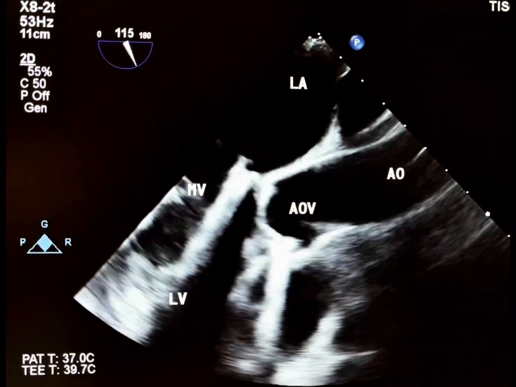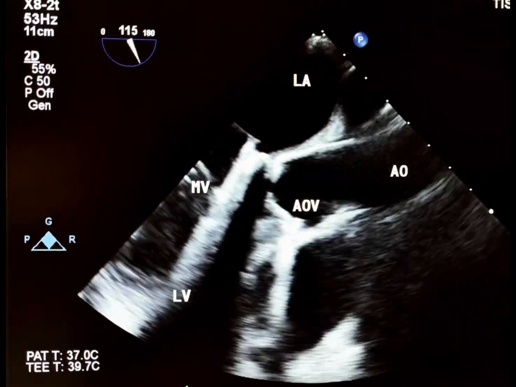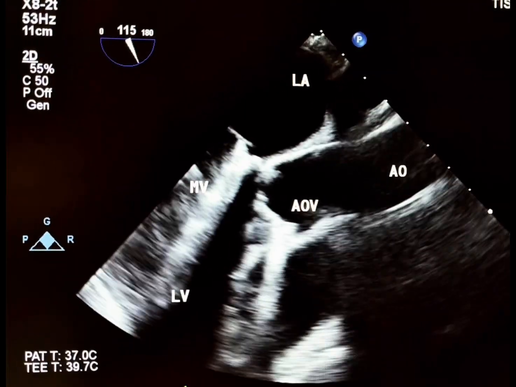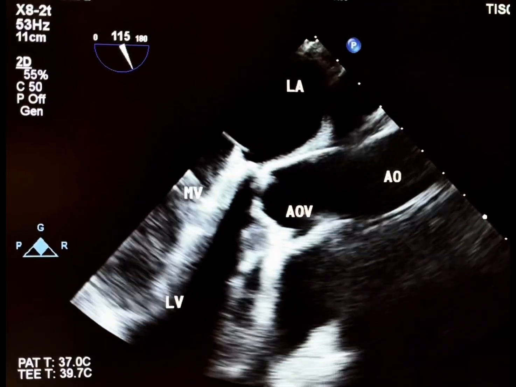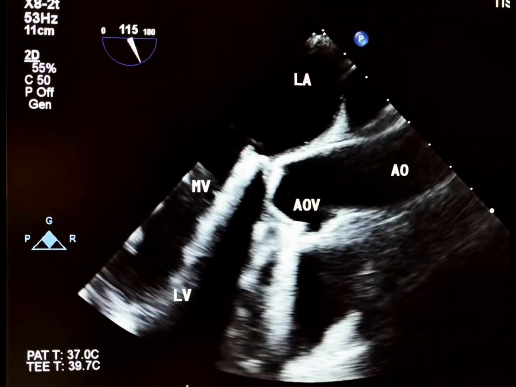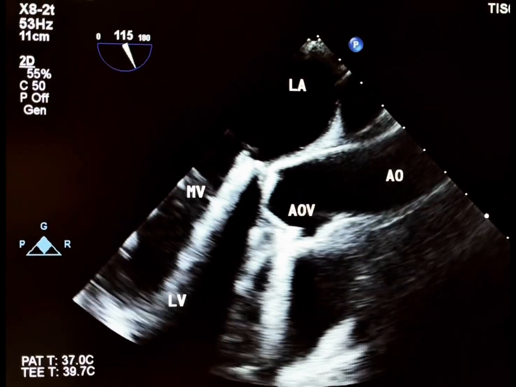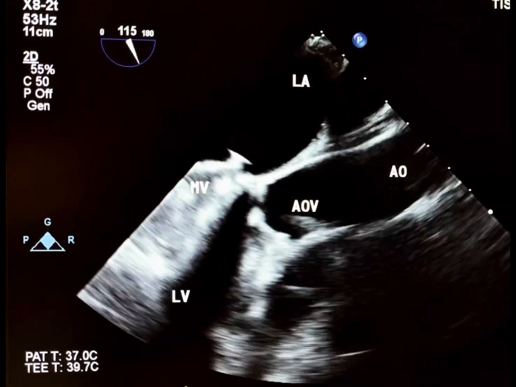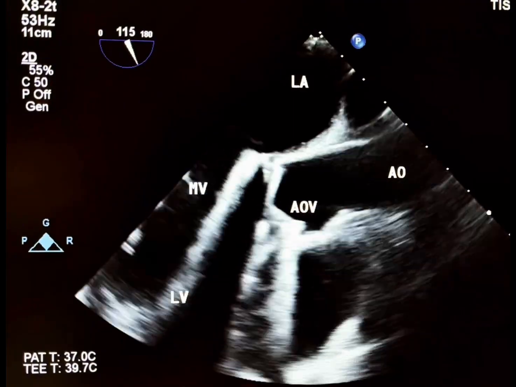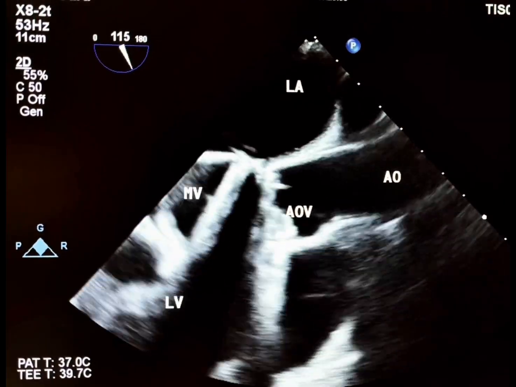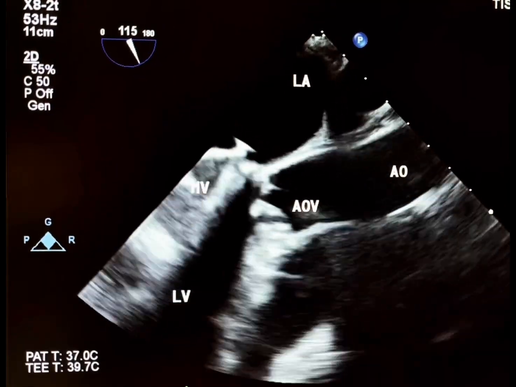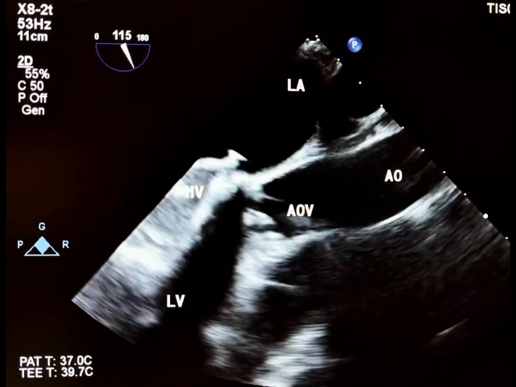An indexed effective orifice area between 0.65 and 0.85 cm²/m² indicates moderate PPM, and less than 0.65 cm²/m² means severe patient prosthesis mismatch. In obese patients, lower cutoffs should be used because indexing to body surface area may overestimate the severity of PPM.